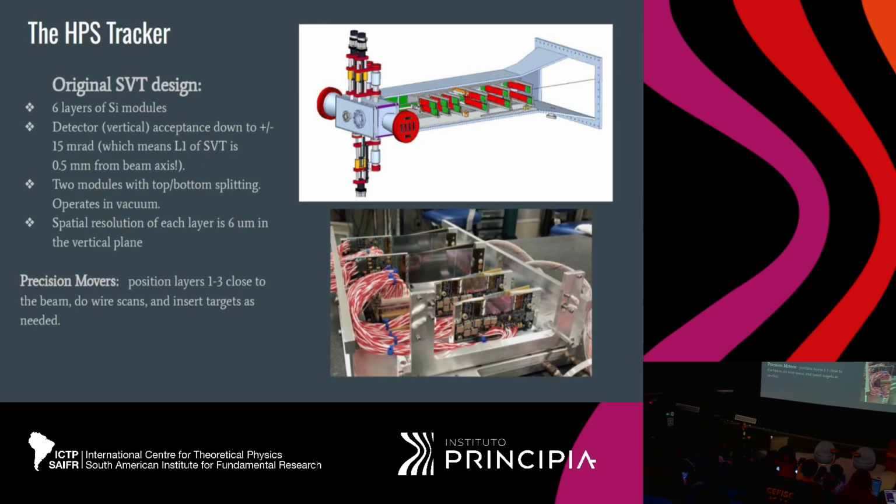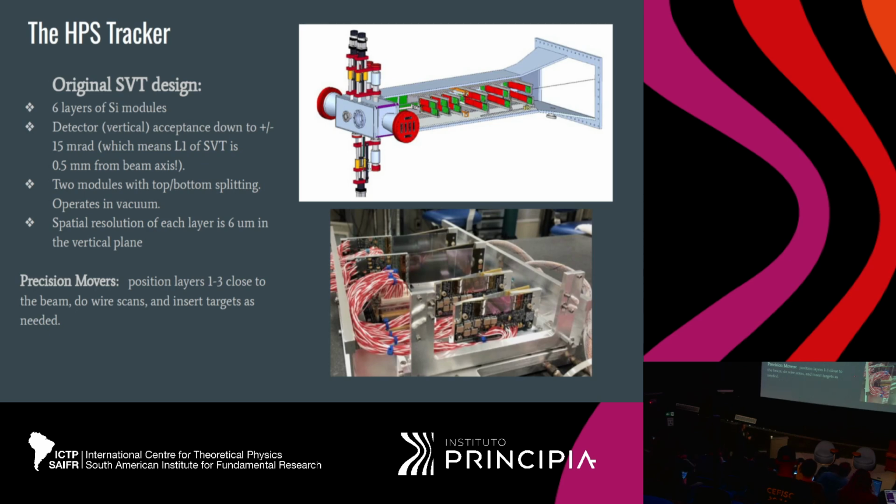And you have also all the electronics that is responsible for the readout and data acquisition and amplification and so on. There are obviously precision actuators to define the position of this detector because you want to be sure, as I said, not to place it inside the beam and destroy it.